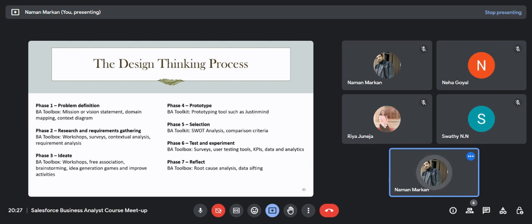And once it's been completed, based on your investigation, based on your communication with the stakeholders and users, you move to the next phase.